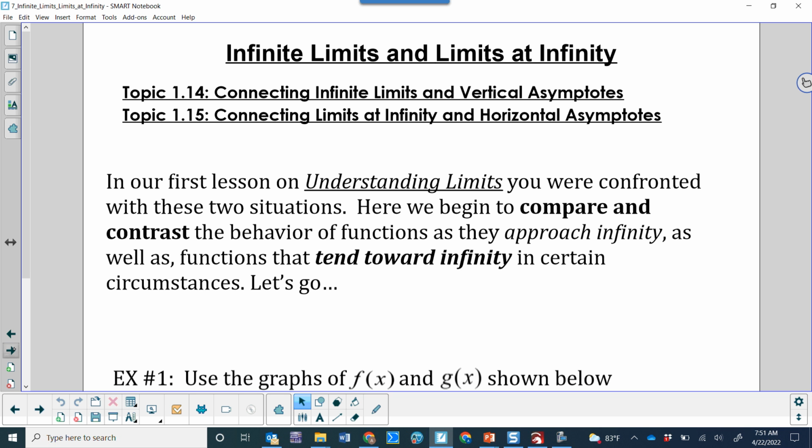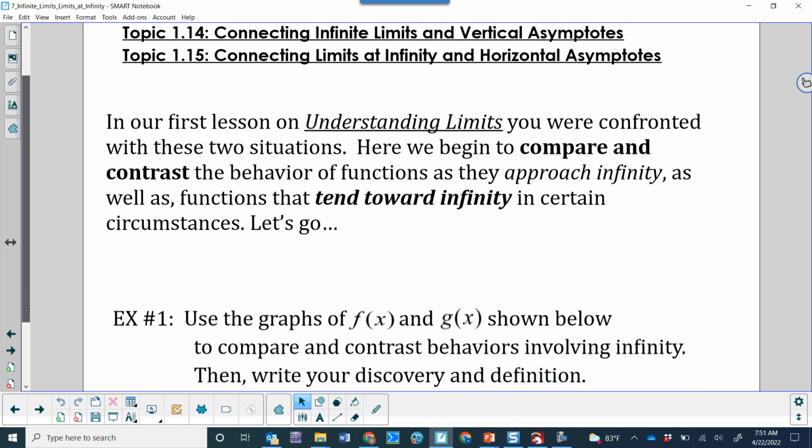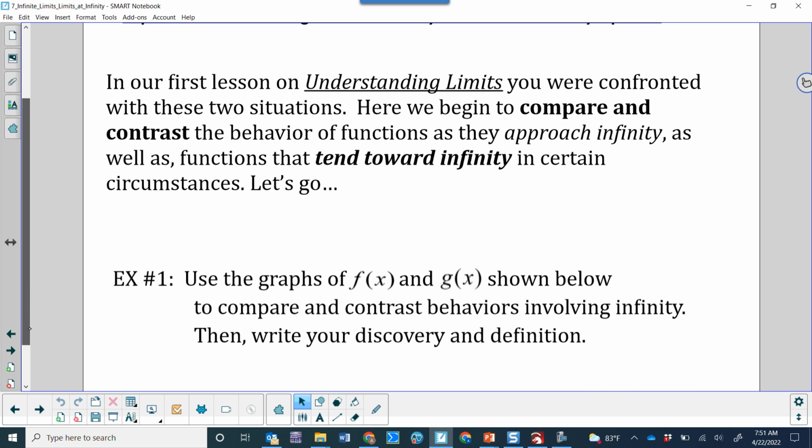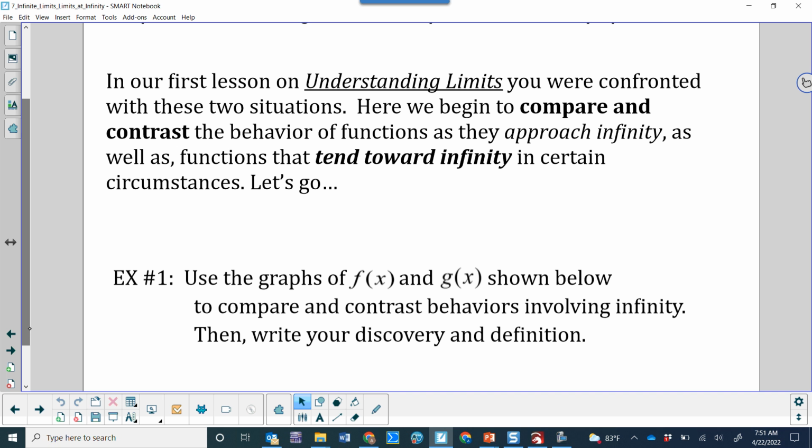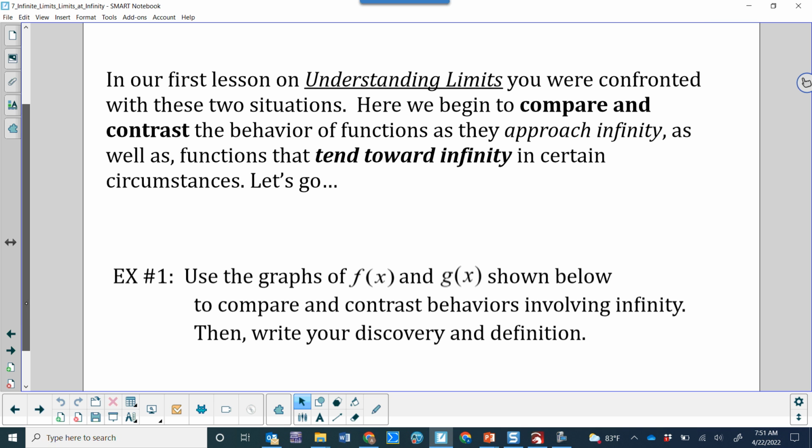So I'm going to talk about what happens when we go towards infinity, and also how the function works as we go to infinity, and when the function tends to go to infinity. Those are the things that we're going to look at.